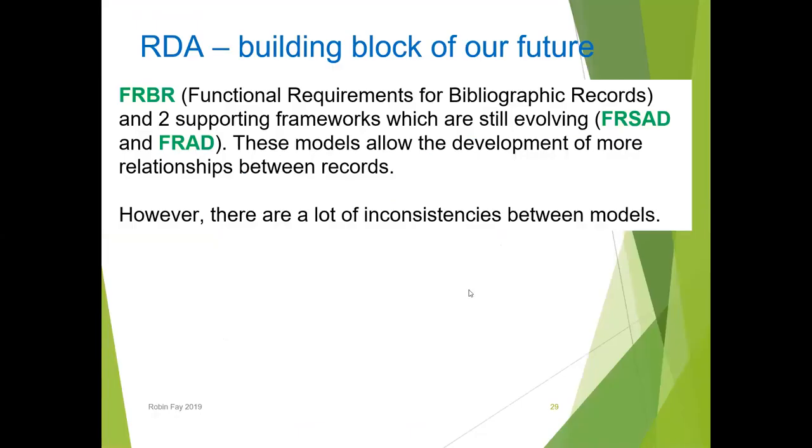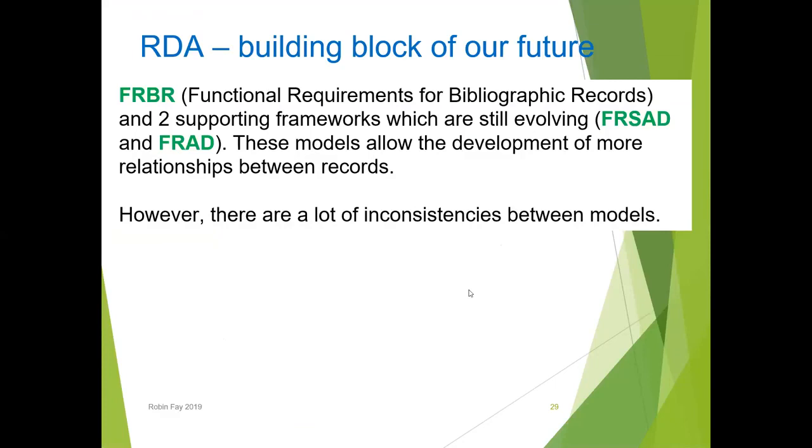So, we had FRBR, that's the functional requirements for bibliographic records, and the two supporting frameworks, which were still evolving, but did not really get finished. And one of the things that those models were meant to do is to allow the development of more relationships between records.